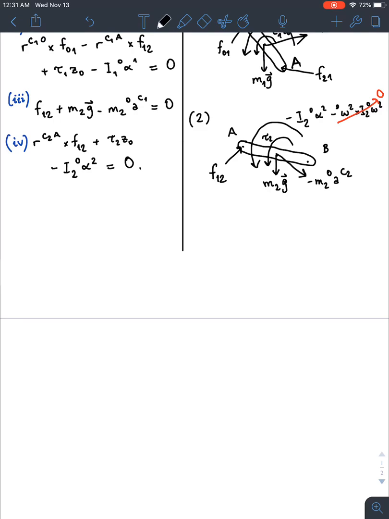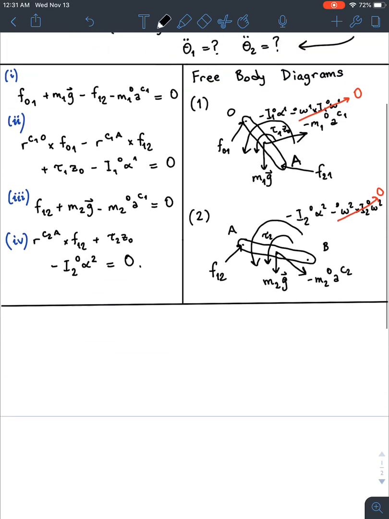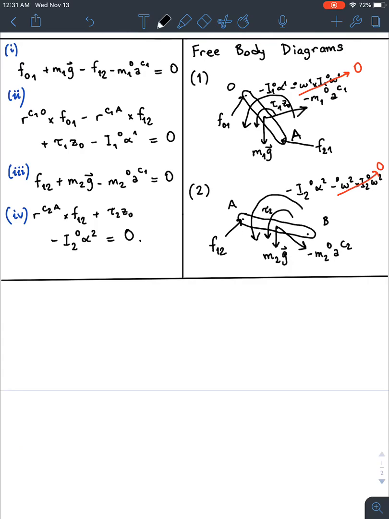That's the question. Okay, and let's keep on going. To start with, we don't know what is going on with F01 and F12.